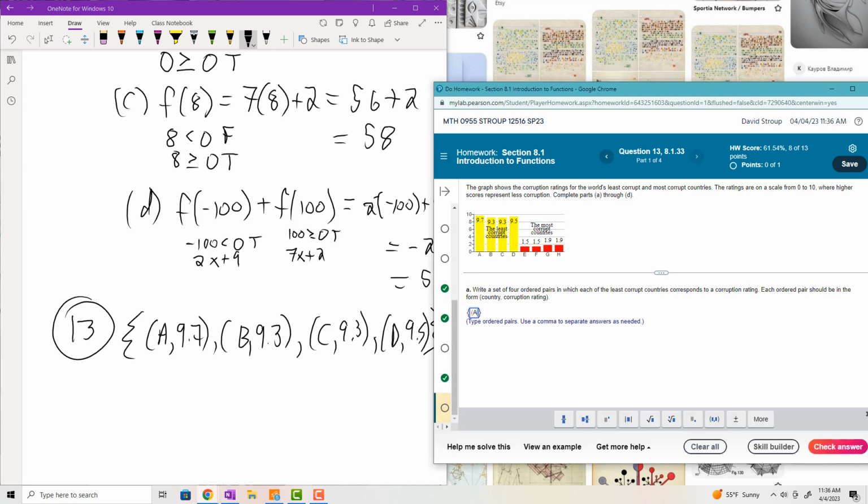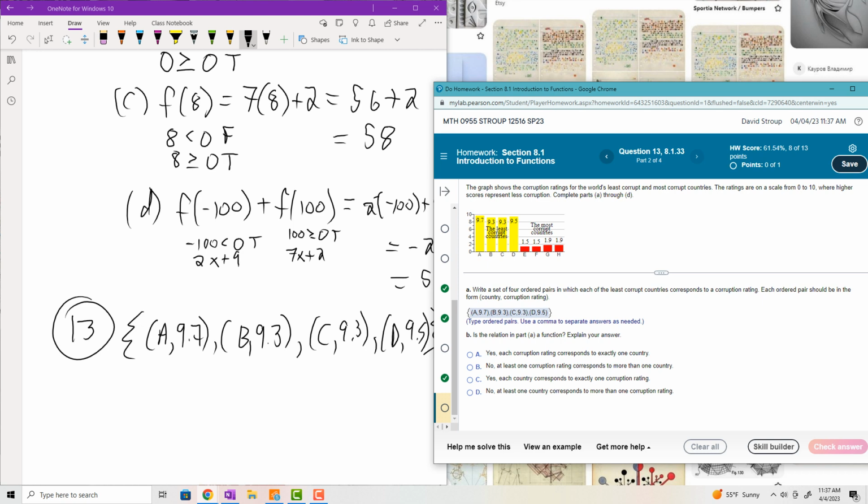Hopefully, use a capital A. A, 9.7, B, 9.3, C, 9.3, D, 9.5.